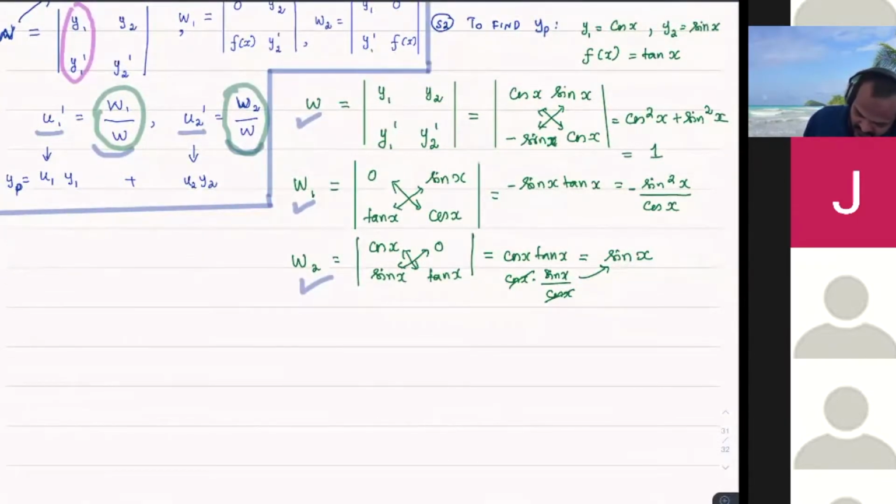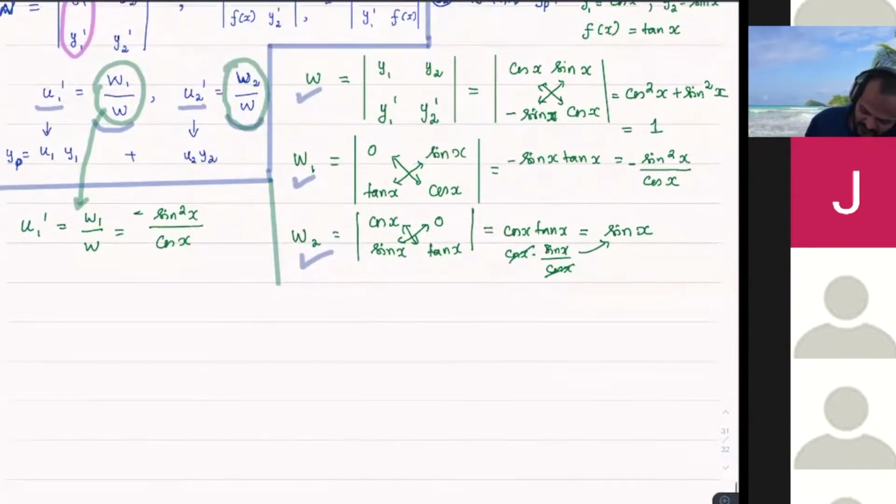Now let's take a look at the y1 prime. Your u1 prime, I'm going to borrow it right from here, tells me I have W1 over W, which is negative sine squared x over cosine x, and the whole thing is divided by 1.